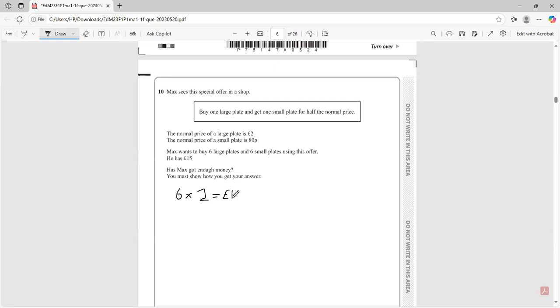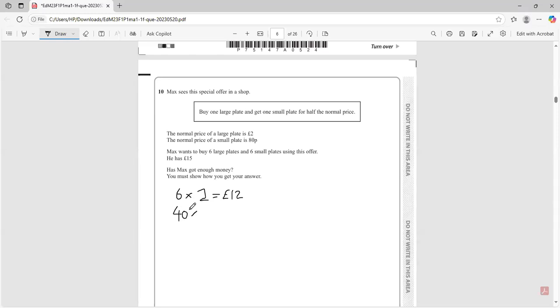So let's now go for the small plate. It says get one small plate for half the normal price. So one small plate will be how much? That's going to be 40 pence. So 40 times 6, isn't it?